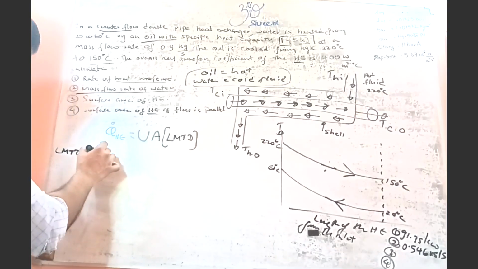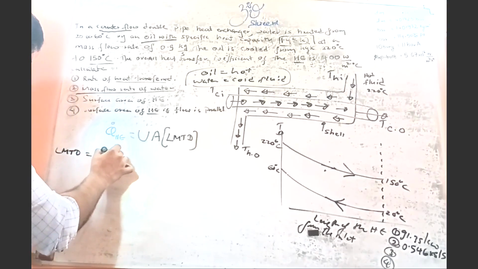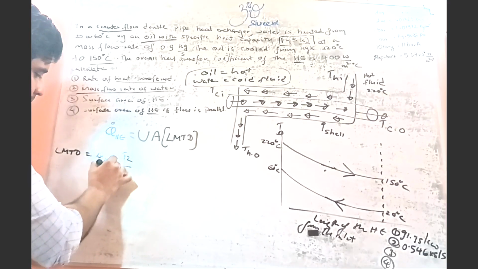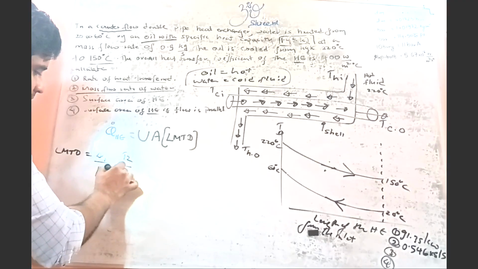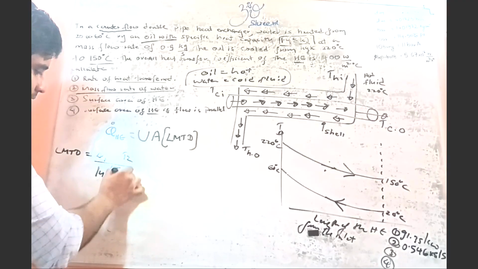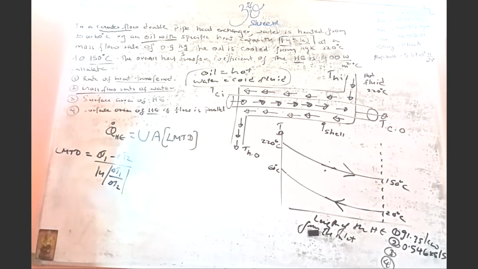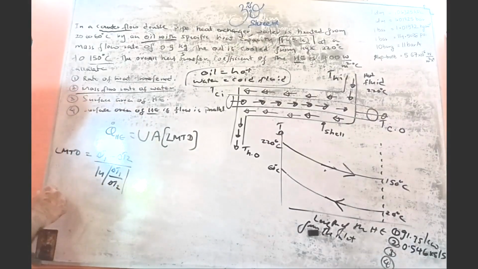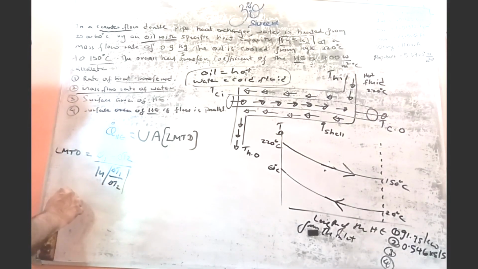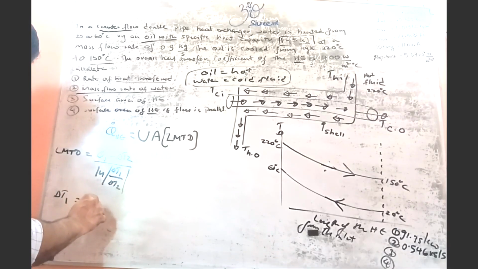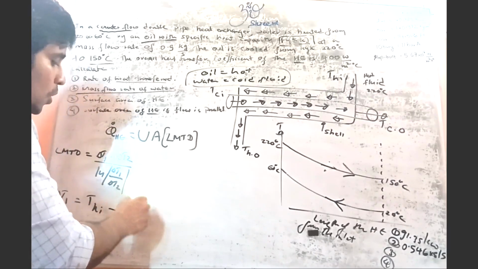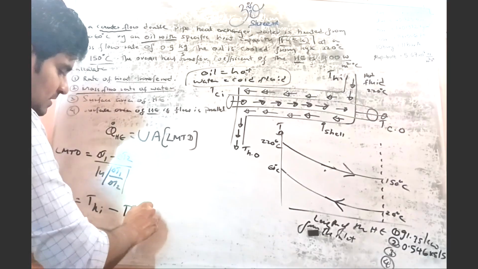LMTD equals delta T1 minus delta T2 divided by ln delta T1 divided by delta T2, right? This is the equation. So now let's see how we can find delta T1. Delta T1 equals T hot fluid inlet temperature minus T cold fluid outlet temperature.